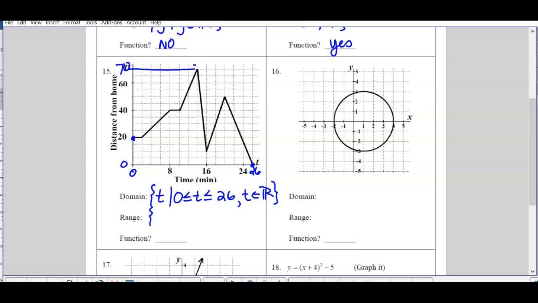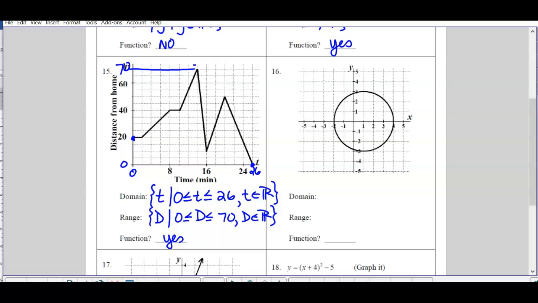So this is going to be, and the variable is d. So from 0 to 70, the element of the set of reals. Okay. And then that is a function. Okay, and then vertical lines in that one.